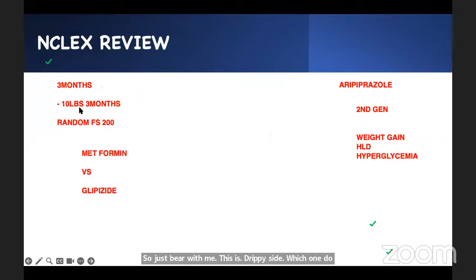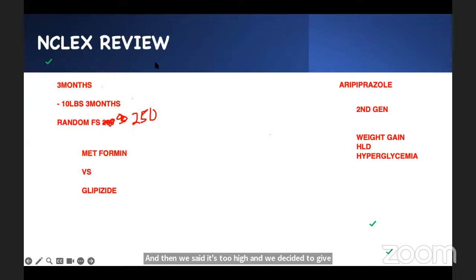It's a female who gained 10 pounds in 3 months, and the random glucose is greater than 200, maybe 250. We said it's too high, and we decided to give metformin or glipizide.